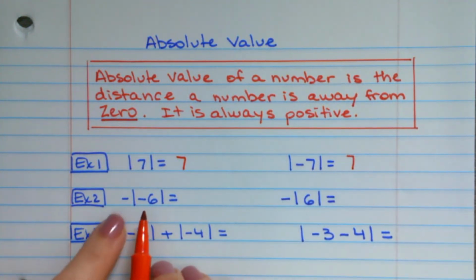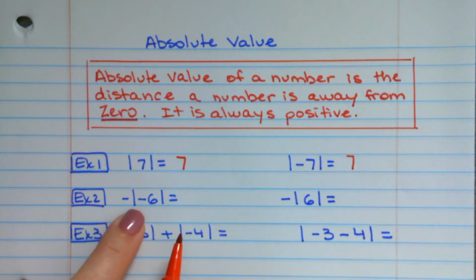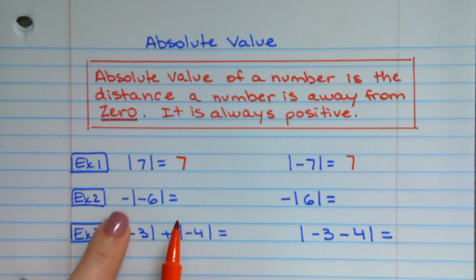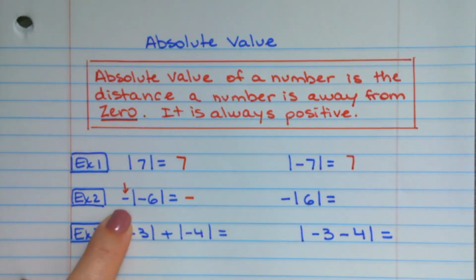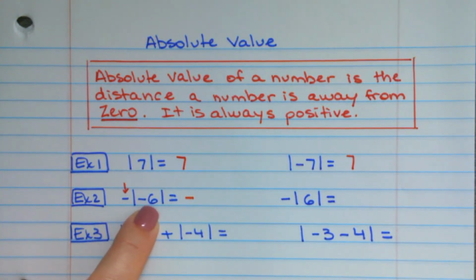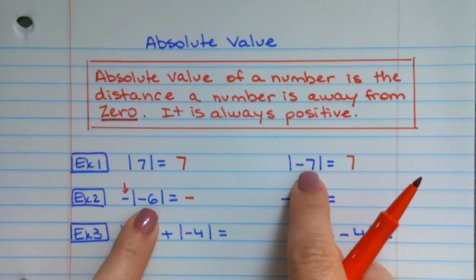Okay? Now, this one, you have too many negative signs right there. So let's go one step at a time. So this negative belongs to the outside, so it doesn't go anywhere. And then you evaluate the absolute value of negative 6, like you did over here on the absolute value of negative 7.